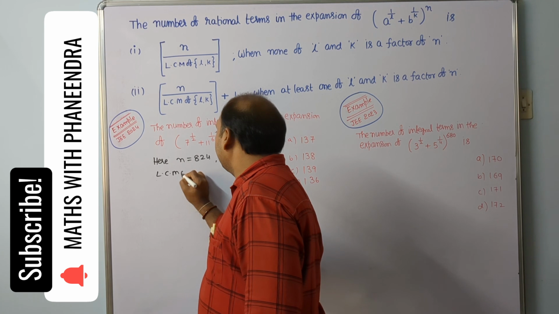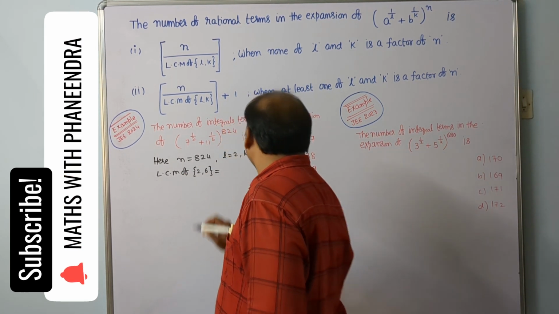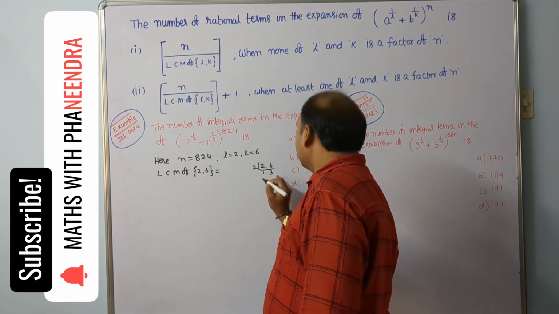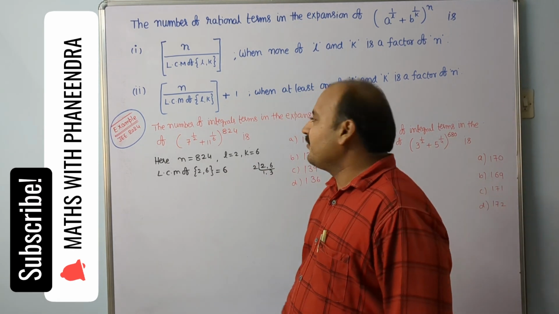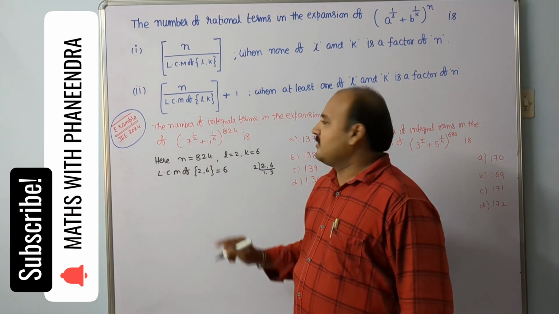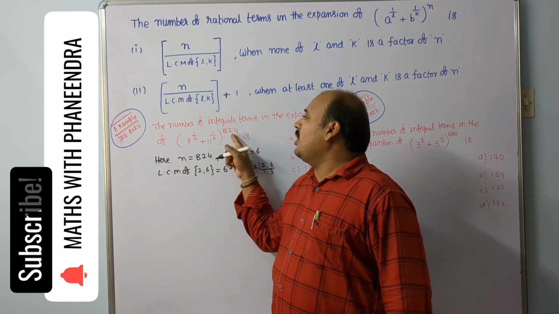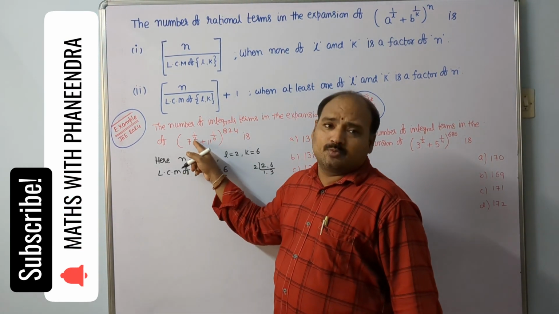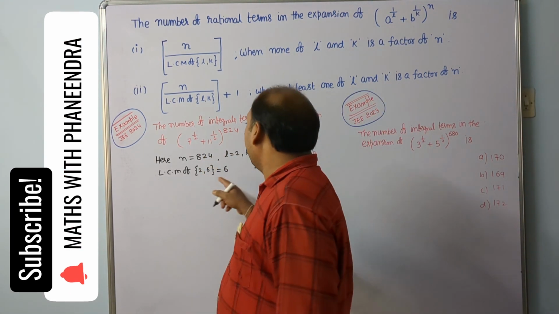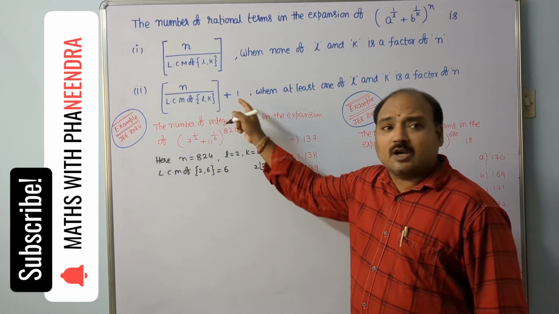LCM of 2 and 6 is 6. One more important thing you observe: 824 is divisible by 2, that means 2 is a factor of 824. At least one of L or K being a factor means this formula will work.